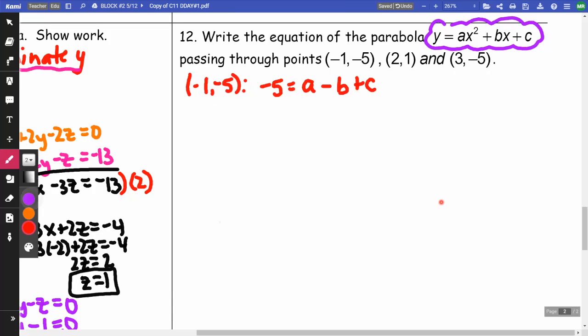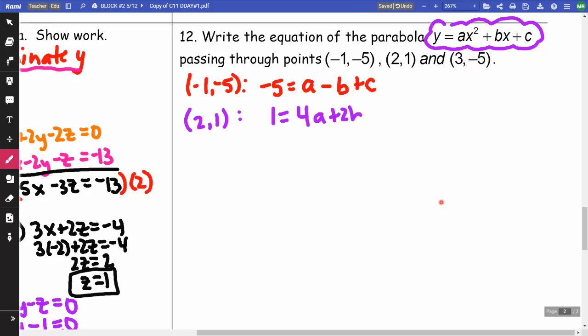And then let me do 2, 1. And so I'm going to get 1 equals, putting a 2 in for my x, a times 2 squared, that's going to be 4a, plus b times 2, so that's 2b, plus c.